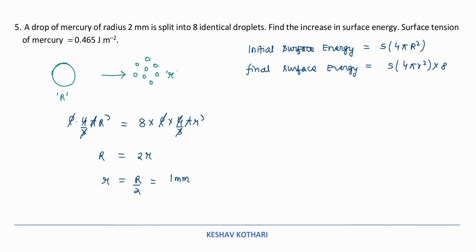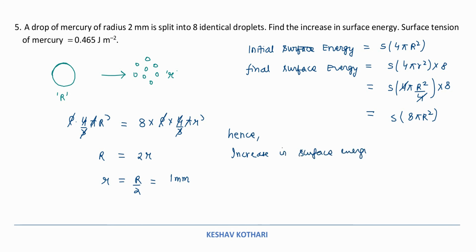And if small r is capital R by 2, we can write it as 4 pi R square by 4 into 8. So over here we obtain S times 8 pi R square, and hence the increase in surface energy is the final minus initial, that is 4 times pi R square S.